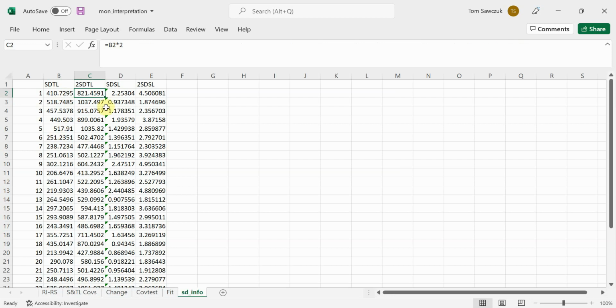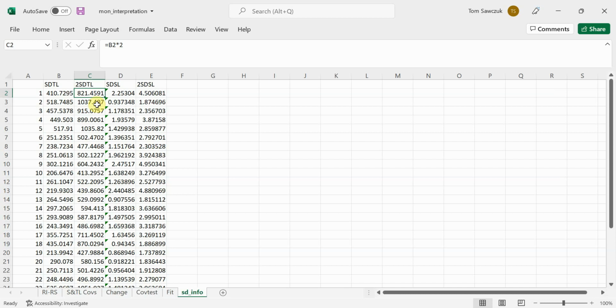And in doubling those values, what we end up with there now is we have an understanding of how much training load needs to increase in order to get that small difference. And you can see these are really large numbers. So we need a 1,037 unit difference in training load for athlete 2.